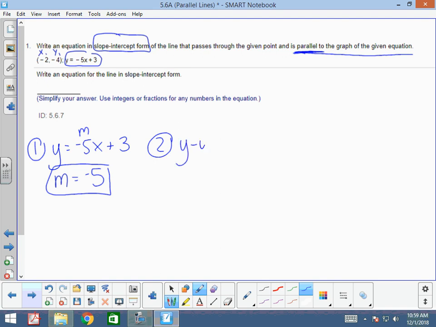So I'm going to go to point-slope form, and we're going to plug in. y minus -4 equals the slope from the given line, -5, parentheses, x minus -2. They want it in slope-intercept form, which means solve for y.